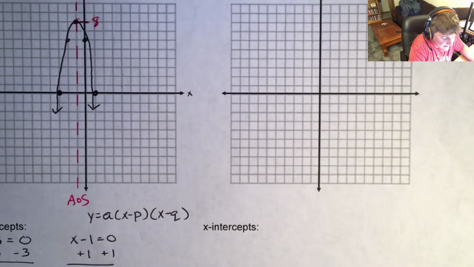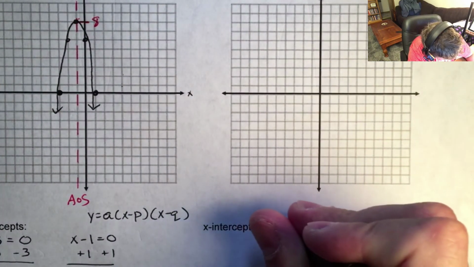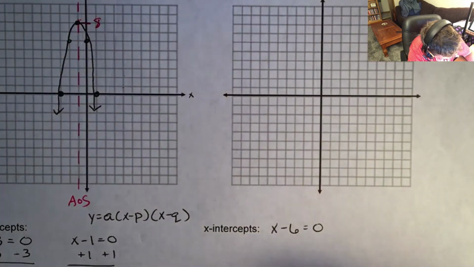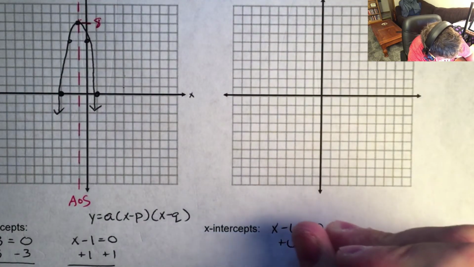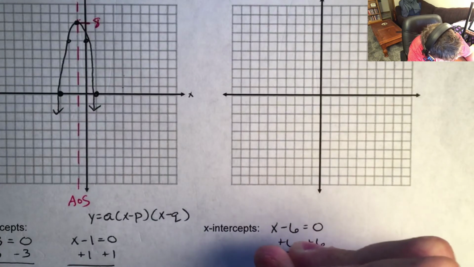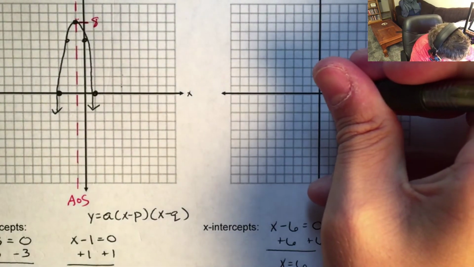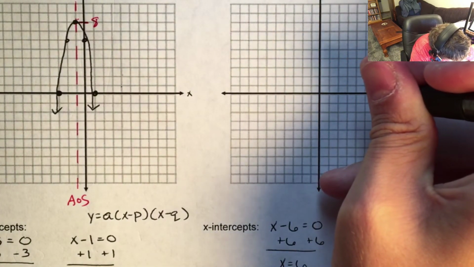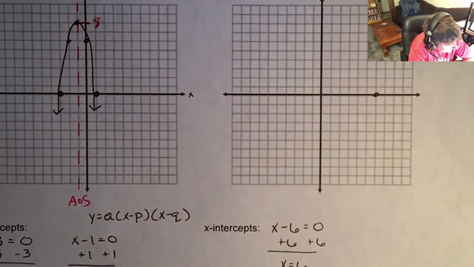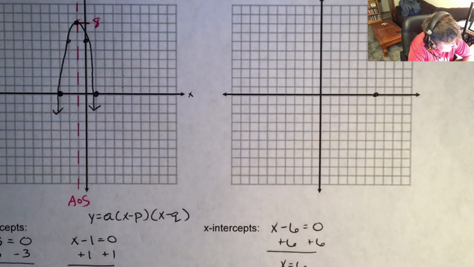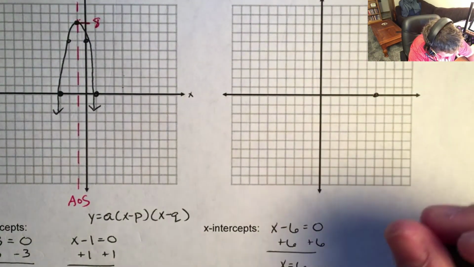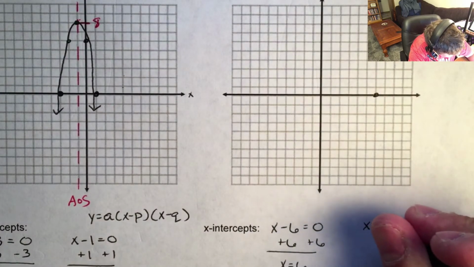I'm going to find my x-intercepts first. The first way I'm going to do it is take my first factor, set it equal to 0, and then I'm going to add 6. Yeah, x is equal to 6. That is my first intercept. And then I need to find the other intercept, which would be x minus 2 is equal to 0.